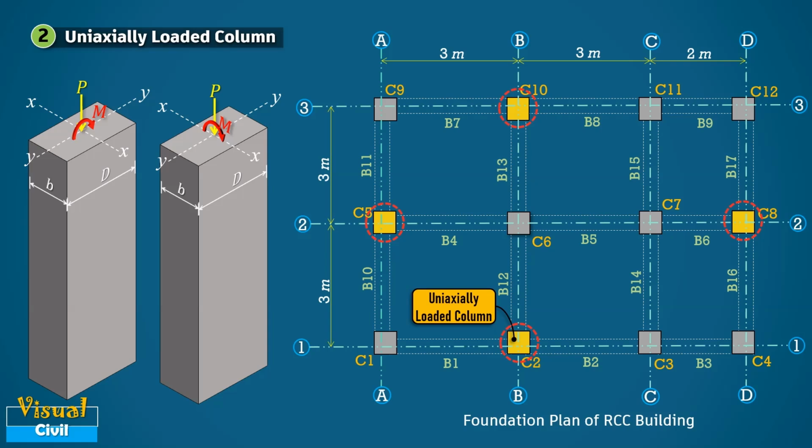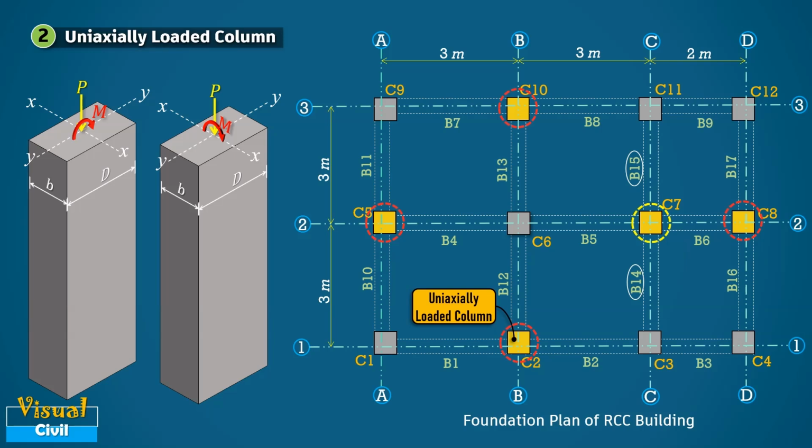If we consider a column like C7, the spans of connected beams B14 and B15 are the same. If we assume symmetric loading on these beams, then no eccentric loading will be generated on the column along grid line CC.